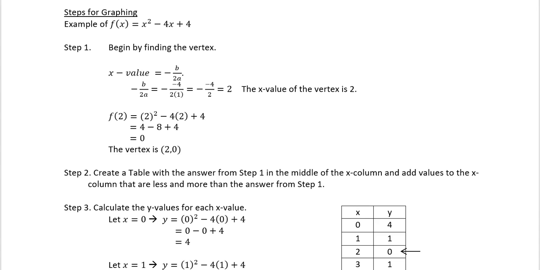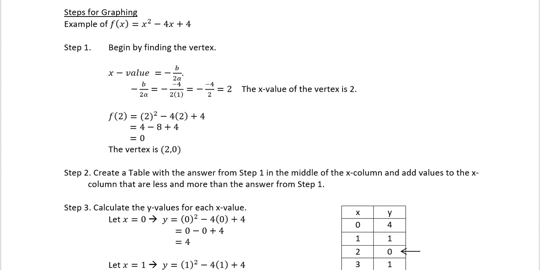The first thing I need to do is find my vertex, just like I did on the prior page. I remind myself that the x value of a vertex is negative b over 2a. I look at my equation and recognize that my b value is negative 4 and that my a value is positive 1.